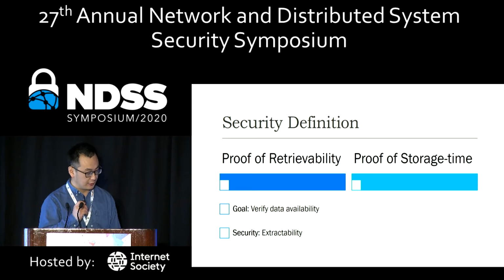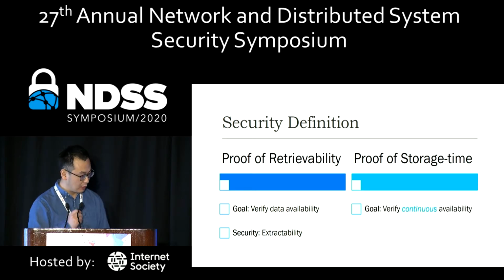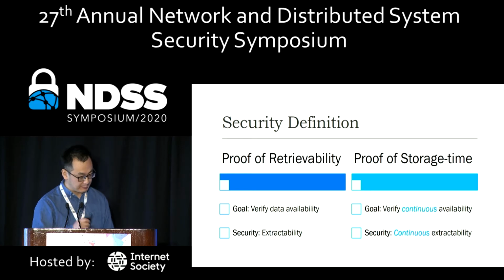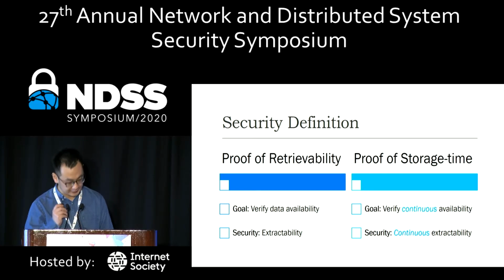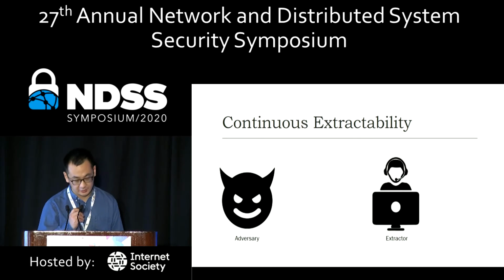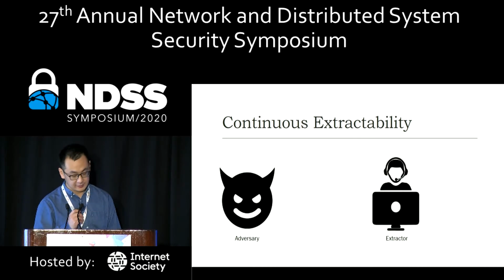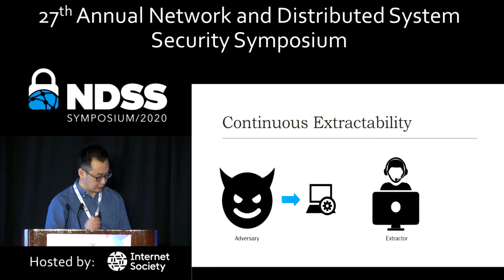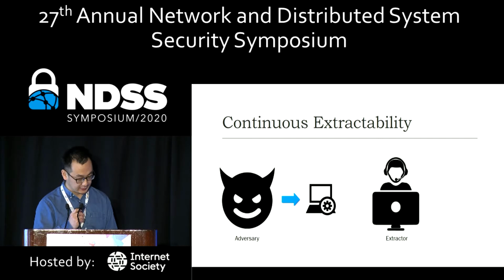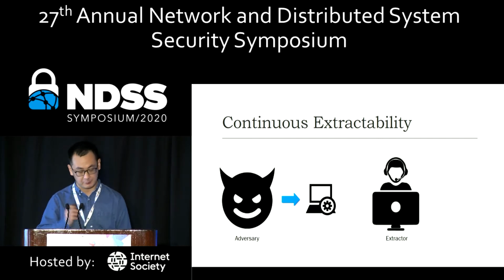For our case, proof of spacetime, our goal is to verify continuous data availability, so we provide a formalized definition called continuous extractability. So what is continuous extractability? It's a game between the adversary and the extractor. The adversary will generate a machine that can always provide a valid PoST proof.